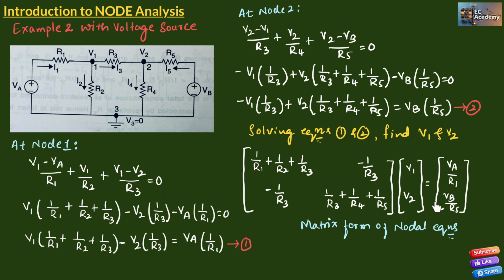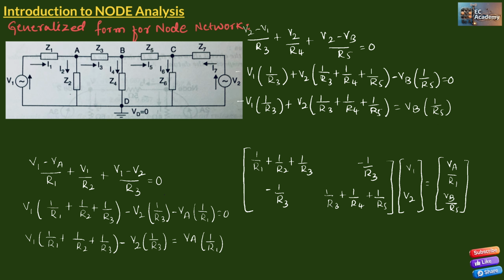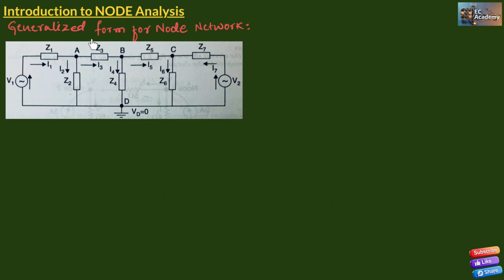Now we can solve this matrix to find the values of V1 and V2, and later we can find the equations for branch currents. Now let us understand the generalized form for node equations. For any network, the node equations can be written directly by inspecting the network.